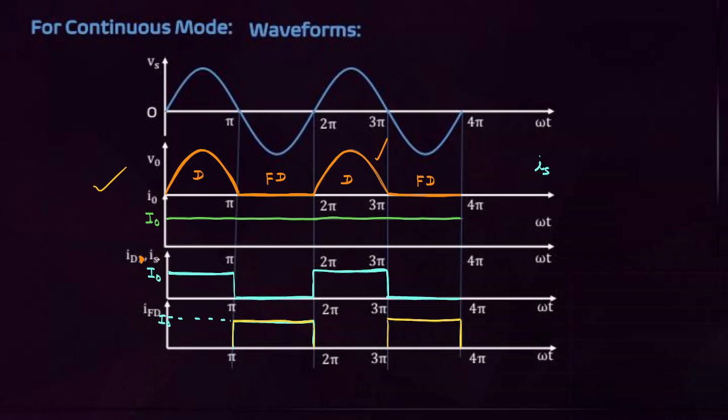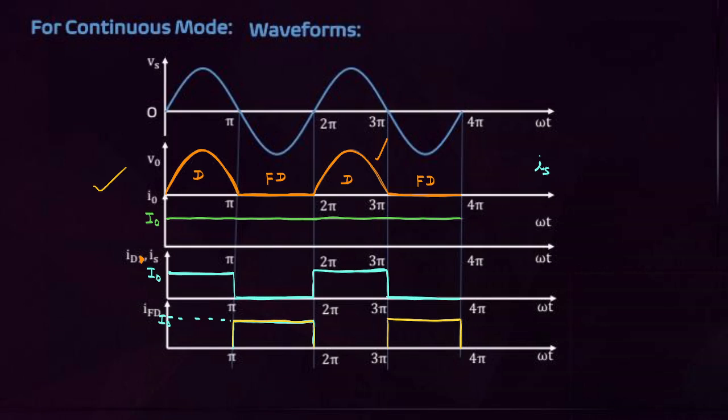Simply remember, students, in half wave rectifier only one case has continuous mode, that is the freewheeling diode case. In the remaining cases it is discontinuous mode, meaning we can't supply continuous current to the load in one cycle. I am talking about half wave rectifier, whether diode rectifier or thyristor rectifier.